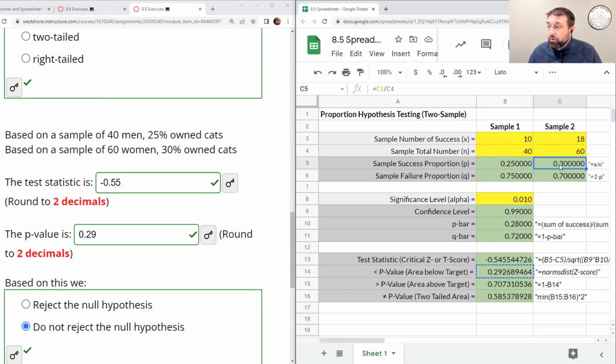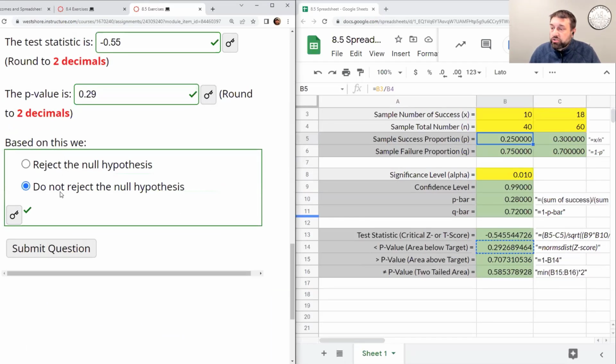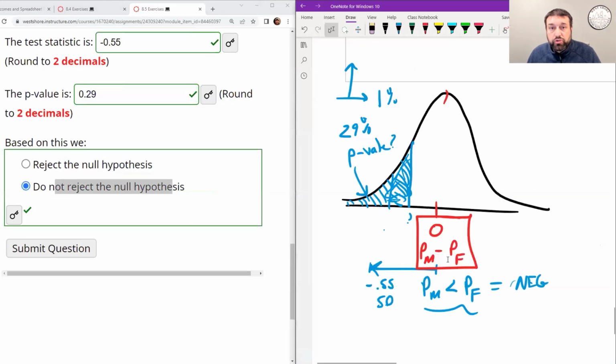The females that own cats are at 30%. The males that own cats are at 25%. Clearly, there is a huge difference between these two. Not so fast. There's not enough evidence here to suggest fewer men own cats. We do not reject the null hypothesis that the difference between the two is equal to 0.